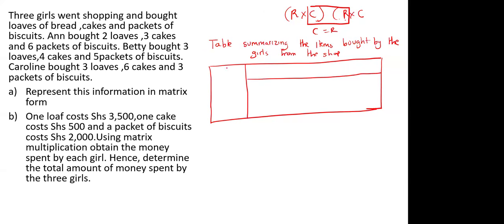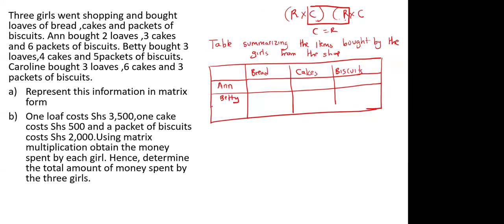One of them, you can notice that they were buying bread. So I'll say here, bread. Which other item were they buying? They had cakes, and they also bought biscuits. And which people were these ones? We add Anne. Another person we had here was Betty.